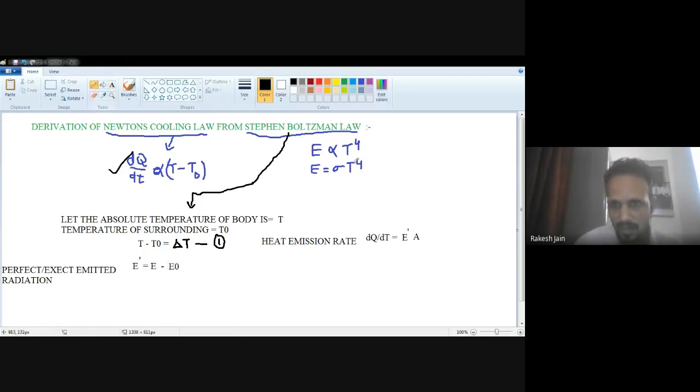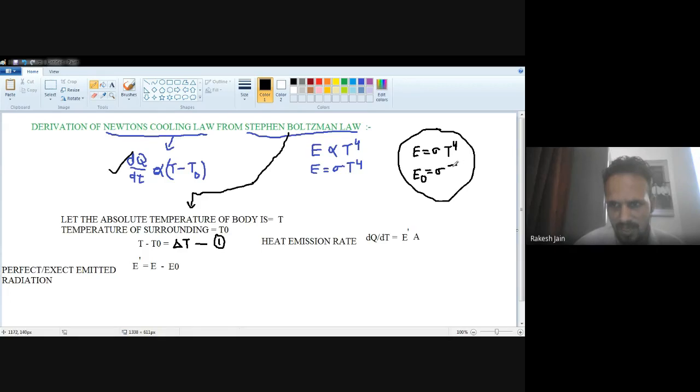Here E is the emitted radiation from a black body, because I take the example of a black body. And the emitted radiation due to the temperature of the surroundings is E0.